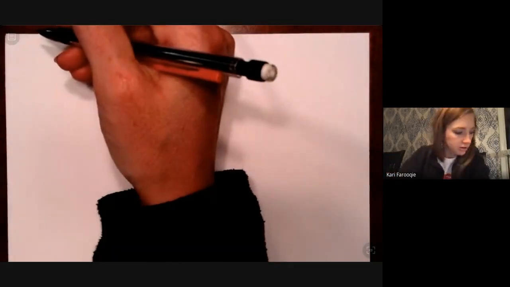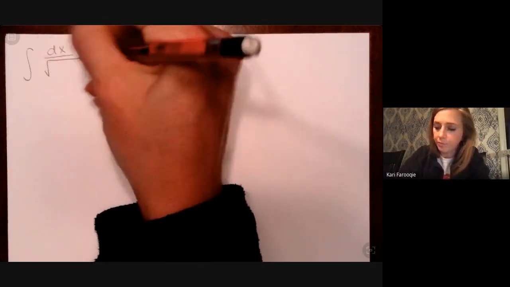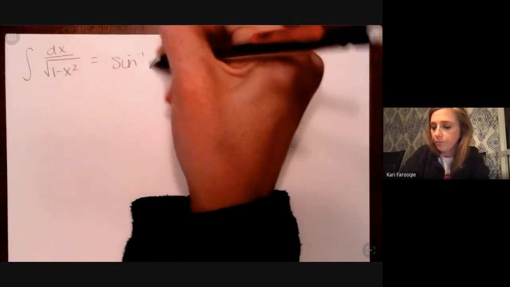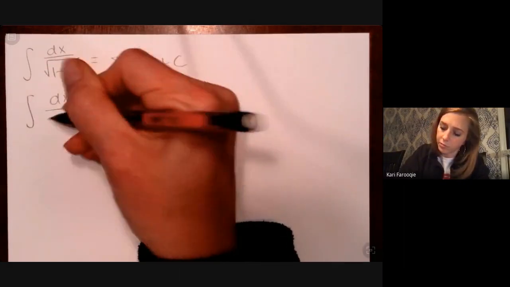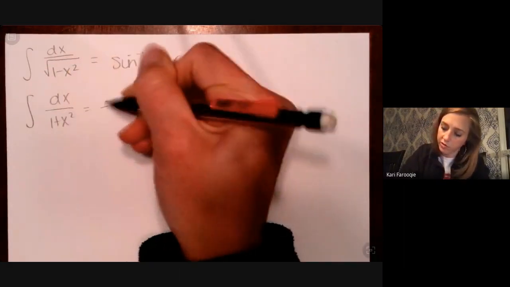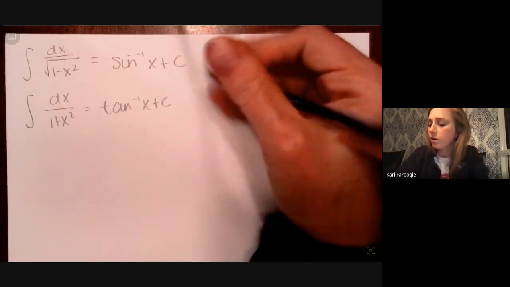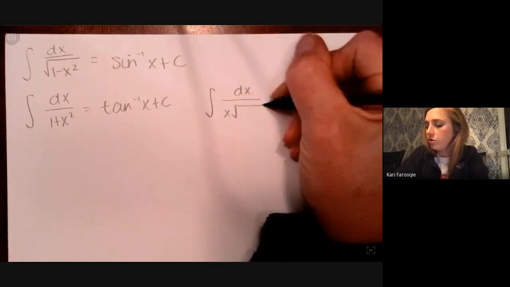So I reminded you the other day, and I'm going to give these to you again, the inverse trig formulas. So we had this one, and then we had the inverse tangent form, and then there was one for the inverse secant.